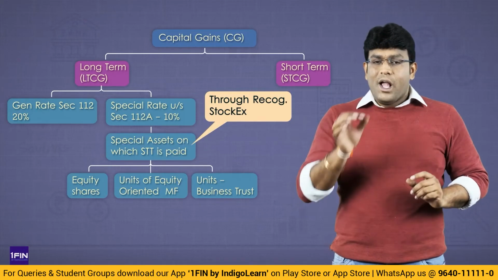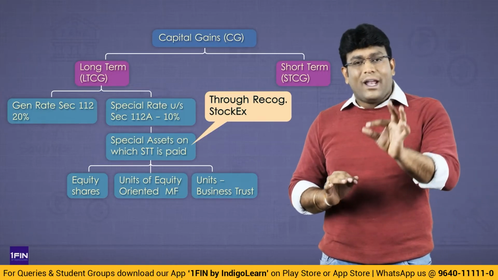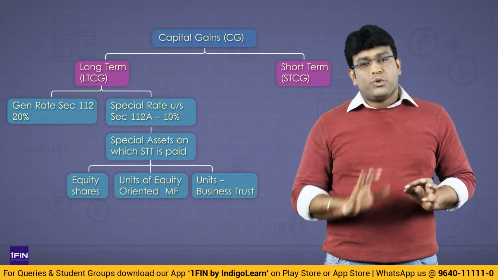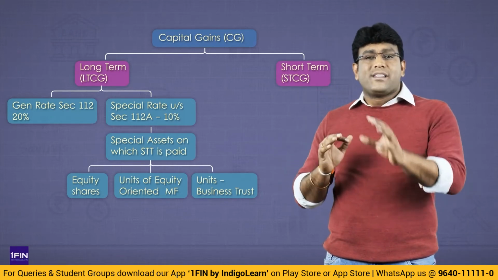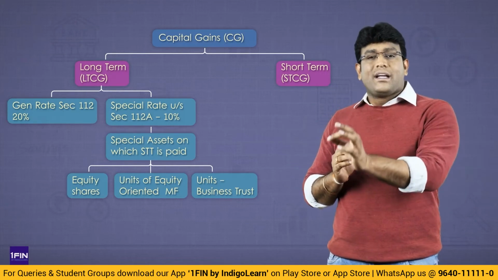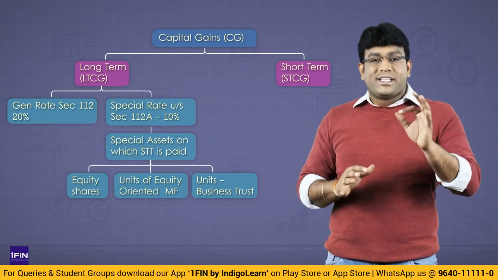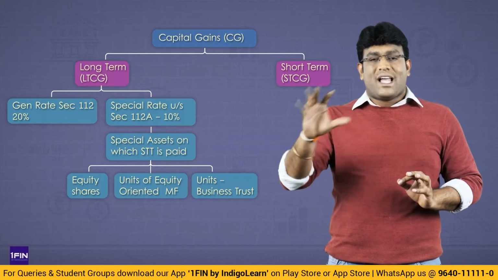So coming back to the point, long-term capital gain on sale of equity shares or units of equity oriented mutual fund or units of business trust through a recognized stock exchange on which STT is paid. STT is nothing but securities transaction tax.